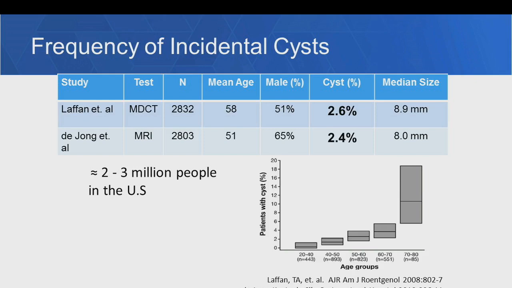It's a real challenge to do a population-based estimate of the prevalence of pancreatic cysts to see how big a problem this is. There have been many methodological attempts to try to capture this, and the reported prevalence has ranged anywhere from 1% to as high as 60%.